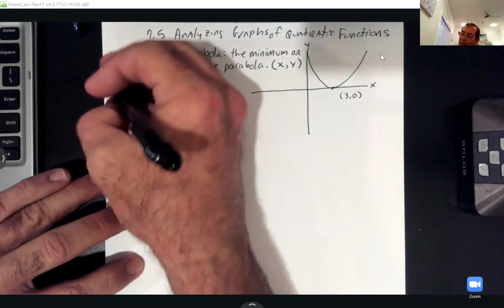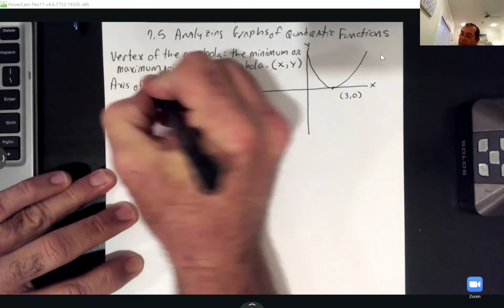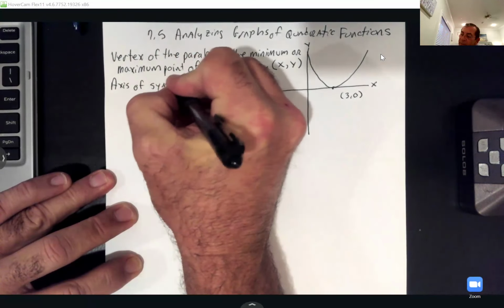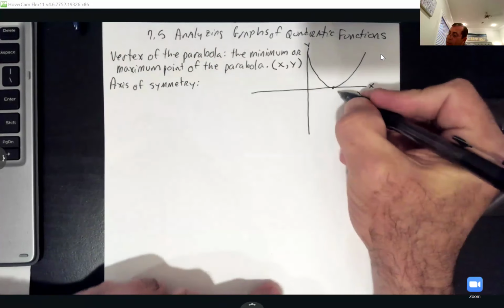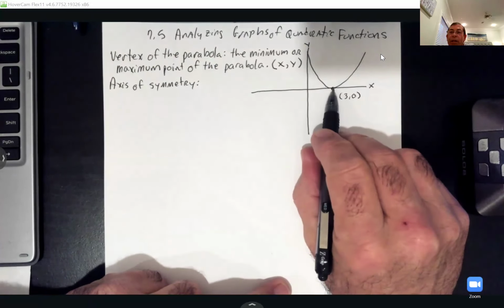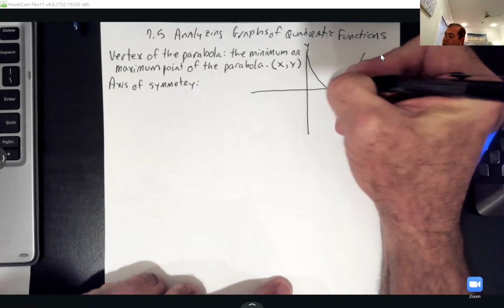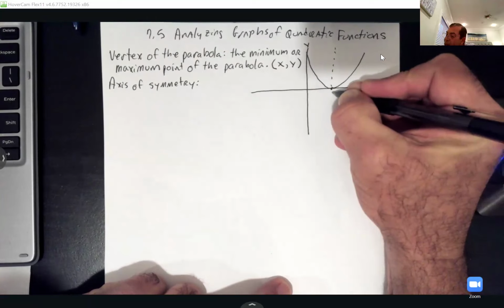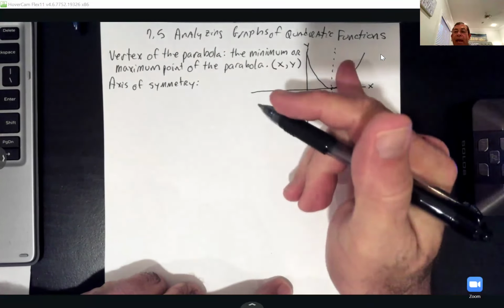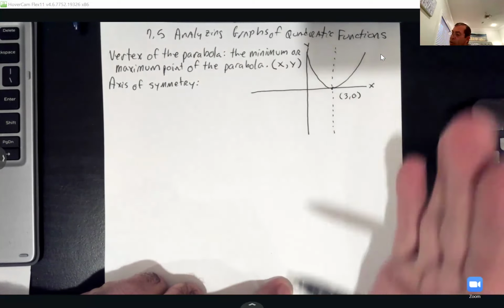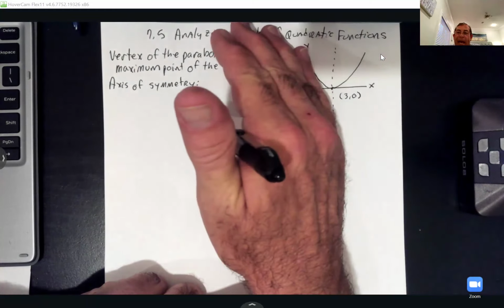First thing is what we call the axis of symmetry. So y'all, this x value of 3 on that vertex, if I was to draw an imaginary dotted line through that x value, notice what happens. This graph is now symmetric to that line.